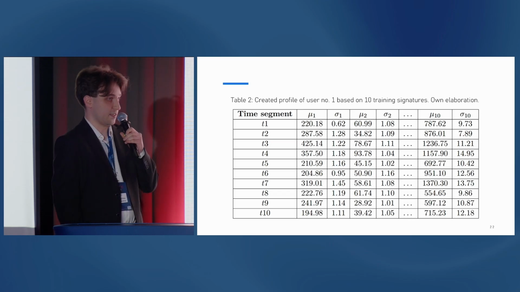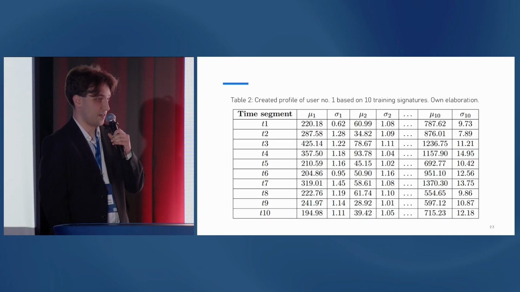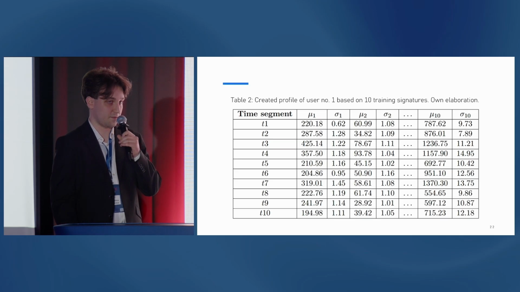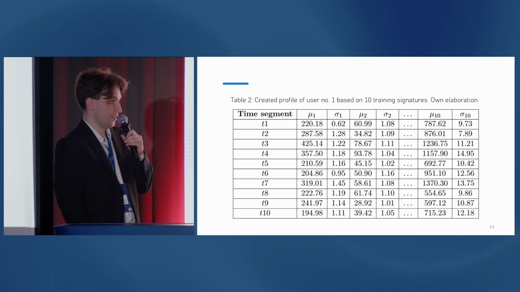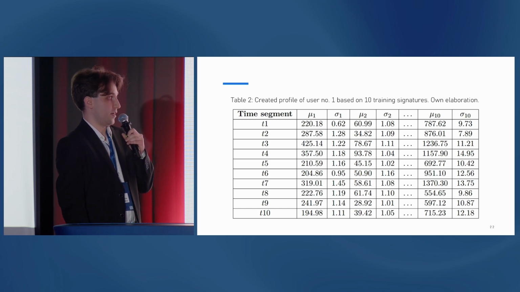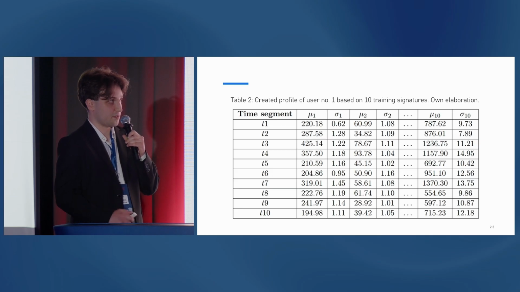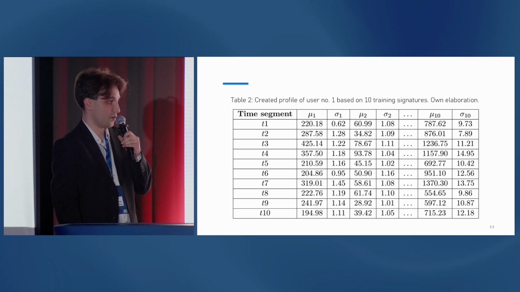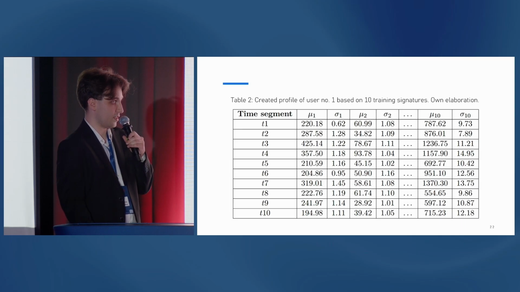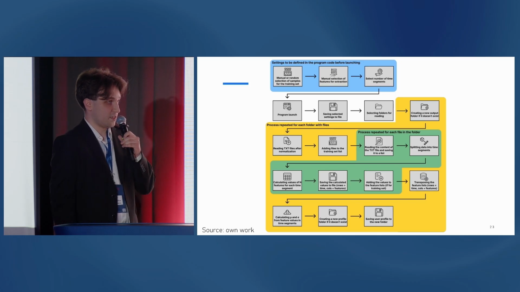And here is the table that shows the mean deviations, and we have collected 15 signatures, as I said, and out of 10 of these signatures we have created profiles, user profiles. So this is an example of a user profile built on 10 signatures they've made. And then the other 5 signatures were used for testing this system, and I will tell you about it in a moment.